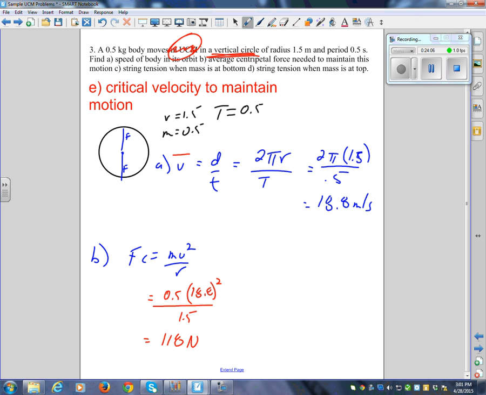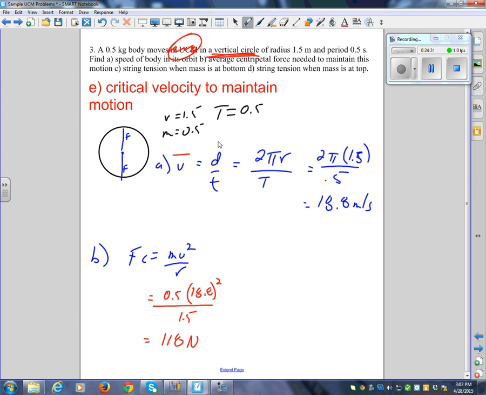Force is a vector. It should have a direction. What direction is the force? Remember, this is the average force, too.